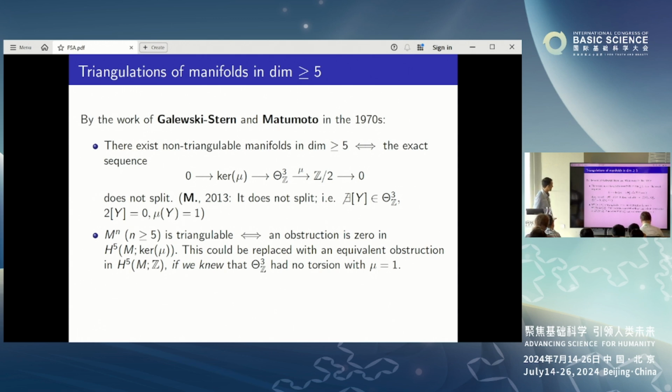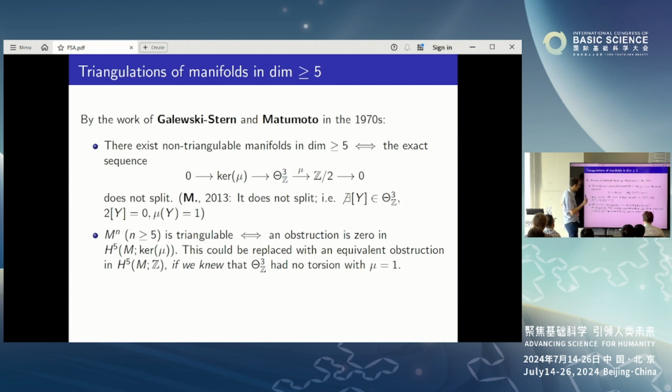The fifth cohomology with values in the kernel of mu. This is an index 2 subgroup of theta 3Z, so it's a pretty complicated group. But it's interesting that a short argument says that you can replace it by a simpler obstruction, that this obstruction is equivalent to 1 just in the fifth cohomology with Z coefficients.